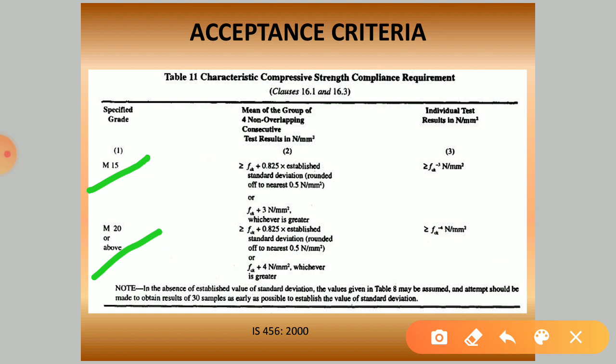And for an individual result, it should be greater than or equal to FCK minus 4 Newton per mm square. So this is the acceptance criteria for compressive strength. Suppose you have tested the specimens and they violate this criteria, then you need to check the mix design. You have to revise the mix design, take trial mixes, and then you can use it in your construction.